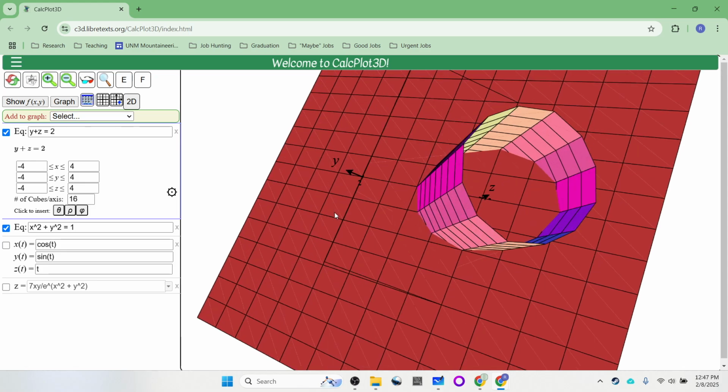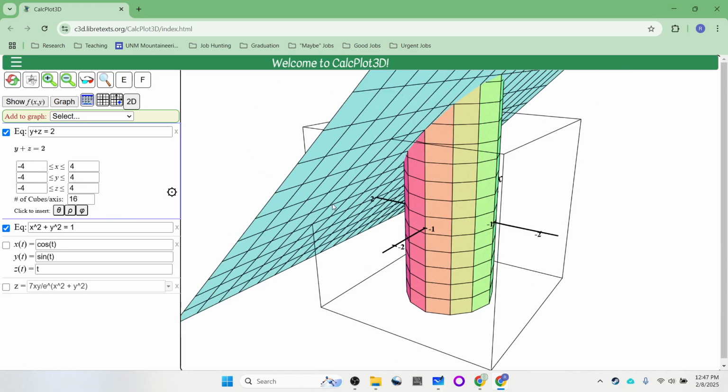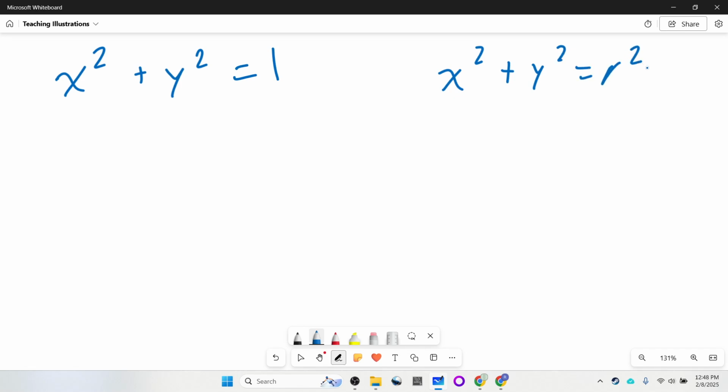We need to figure out what the equation for that intersection is. So we are told the cylinder is x squared plus y squared equals 1. Now, here's another thing you should probably commit to memory. X squared plus y squared equals r squared. We get x would be r cosine t, y is r sine t.